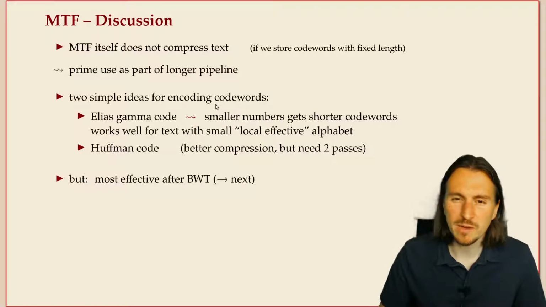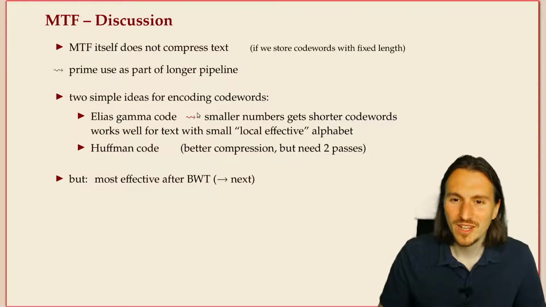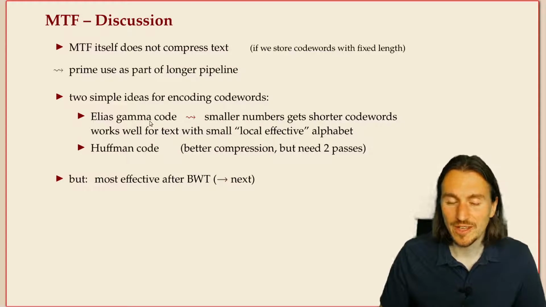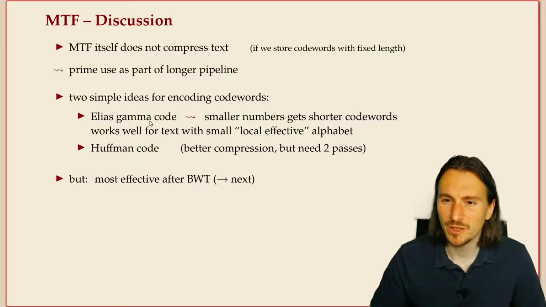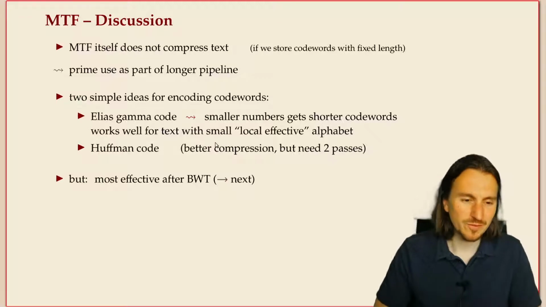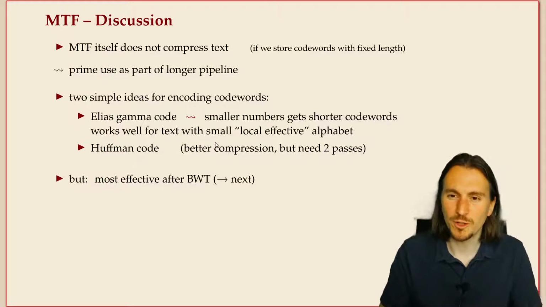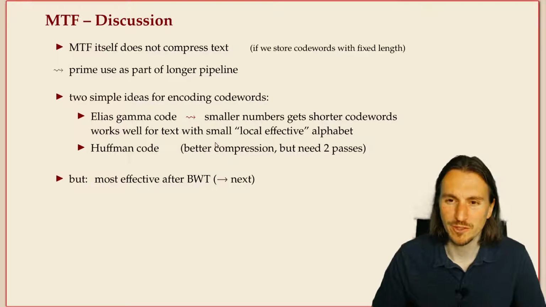The code words that come out of the move to front transform have to be represented in binary somehow. You could use the Elias gamma code that we used in run length encoding. And that makes sense because smaller numbers get shorter code words in that code. If we have local clusters of characters, that will lead to small numbers after the move to front transformation.